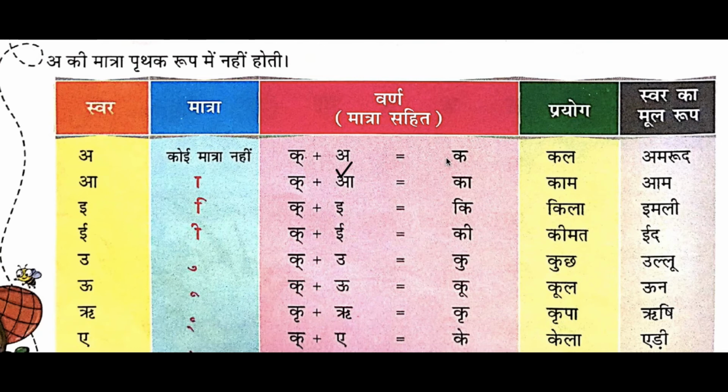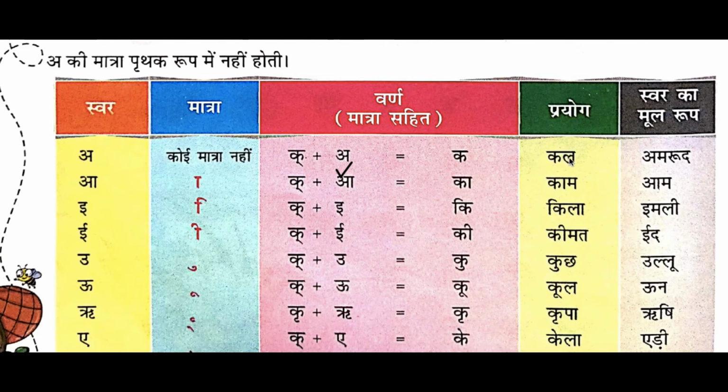And if you simply see any व्यंजन word, it is combined with ka with halant plus a, then it makes complete ka. In general use what we write.